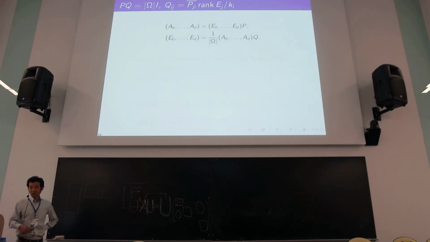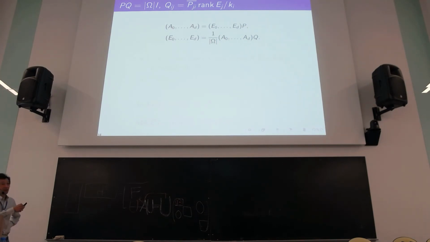So once you know P, you can invert P to get Q. But there is a shortcut to get the entries of Q. You don't have to compute the inverse matrix. You can directly get Q_ij by transposing P, conjugating, and then normalizing by these positive integers.